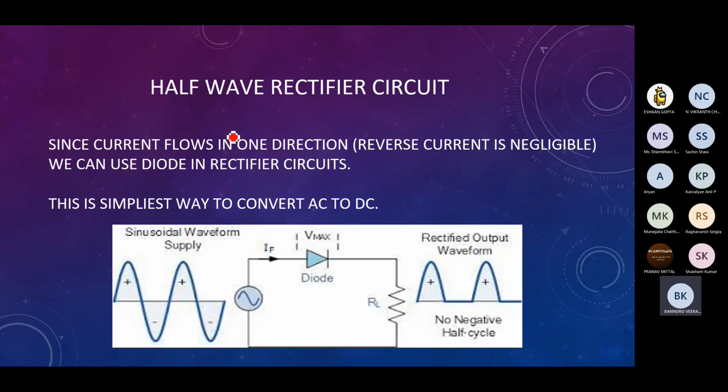As I already told, a diode will conduct current only in one direction. So we will be using this property for rectification purposes.